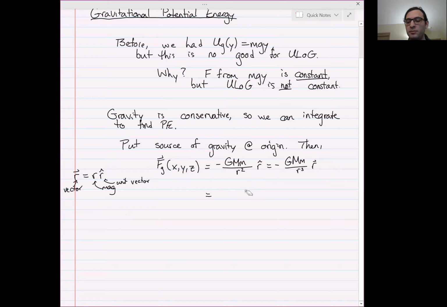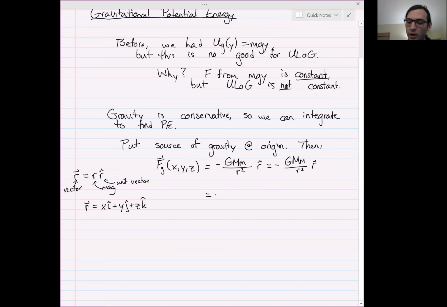Continuing, remember, r is the vector x i hat plus y j hat plus z k hat. It is the vector that points from the origin to the point x, y, z. And so the magnitude is just the square root of x squared plus y squared plus z squared. And so that's what this r cubed in the denominator is.